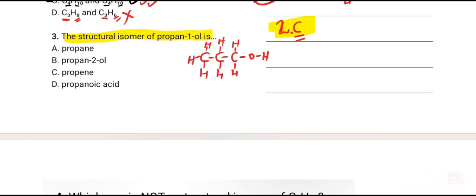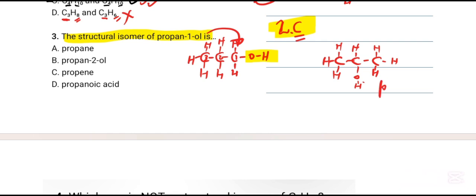Now, this one has the functional group on carbon 1, so we remove it and make it carbon 2. Carbon 1, 2, 3, then the compound is complete. Now it was on carbon 1, so we put it on carbon 2, which means we say 2-ol.